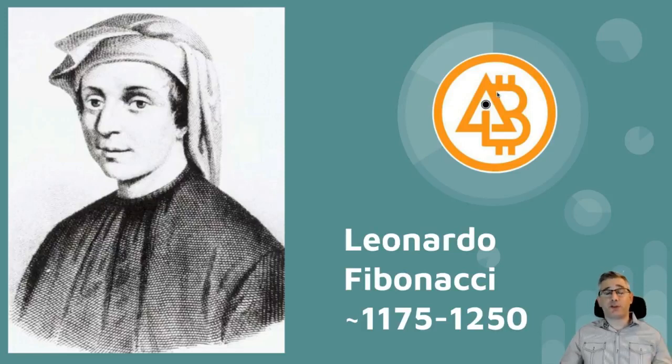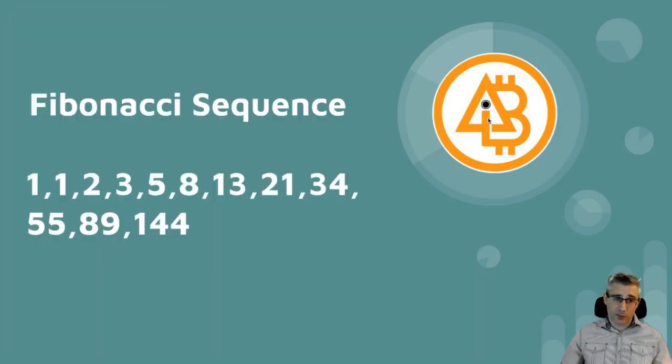Leonardo Fibonacci. Fibonacci was a mathematician from the Middle Ages. He's probably the most renowned mathematician from that time. He discovered a sequence of numbers called the Fibonacci sequence. Obviously, he named it after himself.